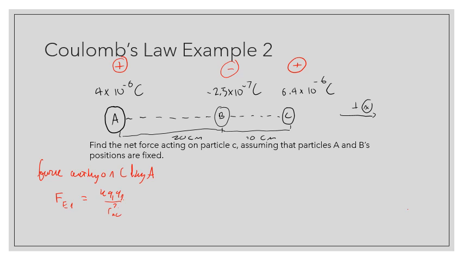We can call this AC. So that's equal to 9 times 10 to the power of 9 times 4 times 10 to the negative 6 times 6.4 times 10 to the negative 6, all over 0.3 squared, because there's 30 centimeters between A and C. This comes out to be 2.6 newtons, going towards the right.